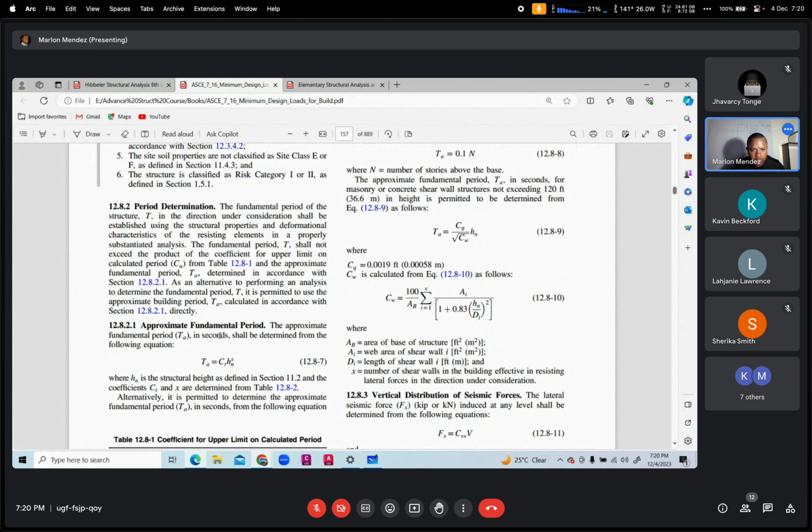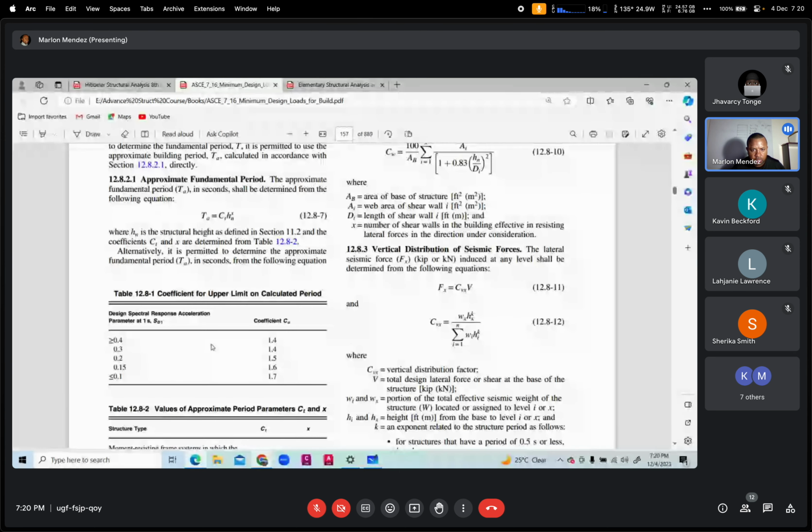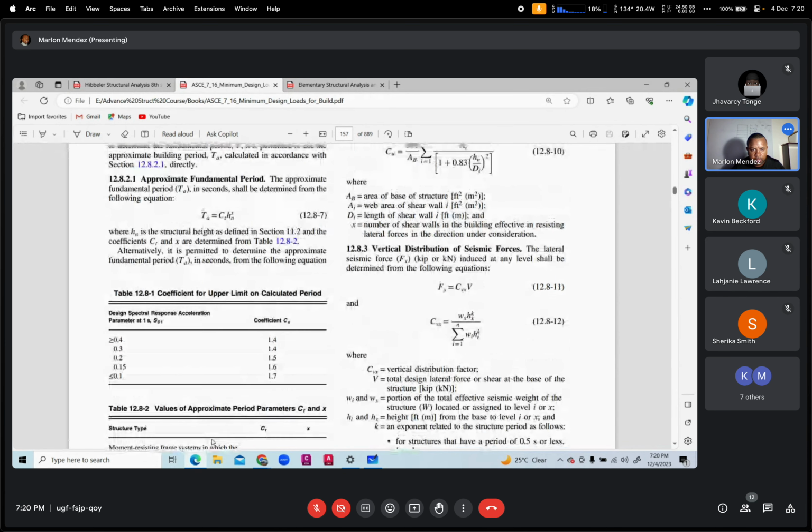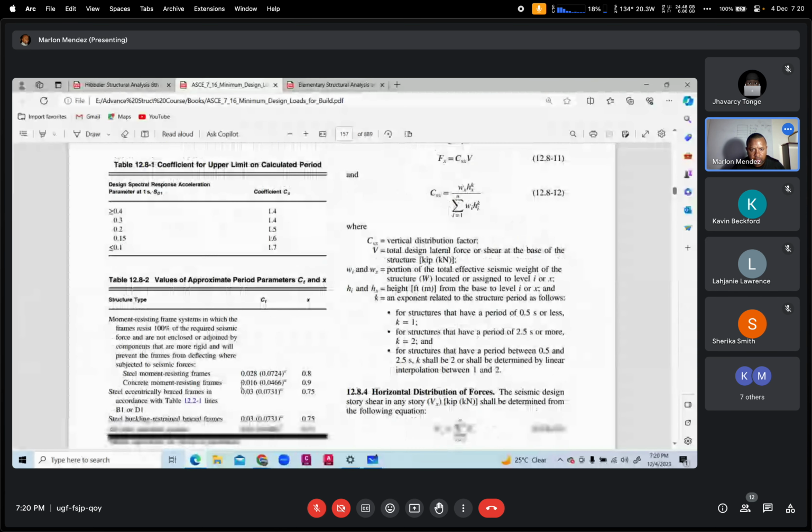All right. So in determining that, this was the equation that we came up with, but it's further broken down into a table. Let me pull up, did I upload the earthquake formula? But anyway, this is it.